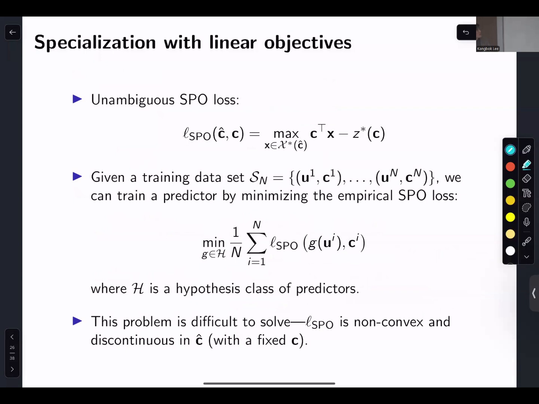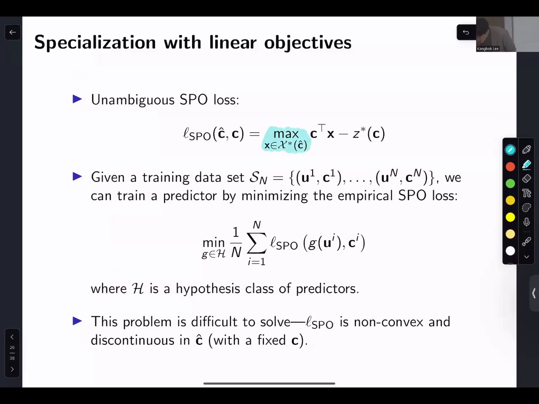SPO loss could oftentimes be ambiguous. Why? Because if you solve the optimization problem with a certain C vector, it could be that there are infinitely many optimal solutions. If the C vector is perpendicular to one of the hyperplanes, infinitely many solutions on the same line segment will be equally optimal. So there's some ambiguity in assessing that gap, and that is why we have this max term.